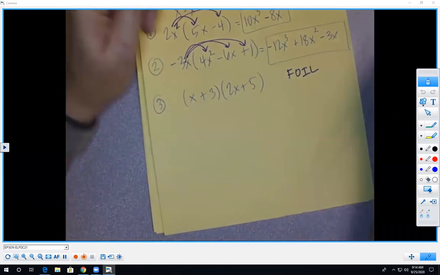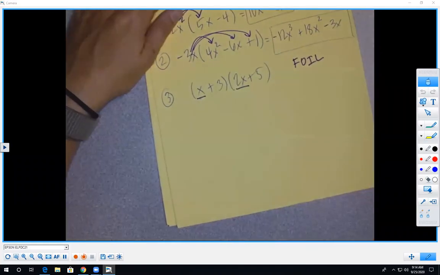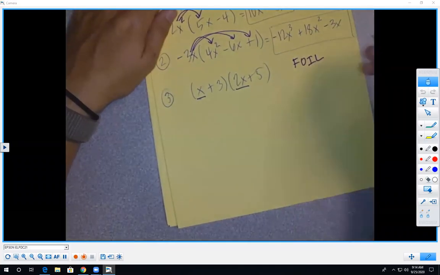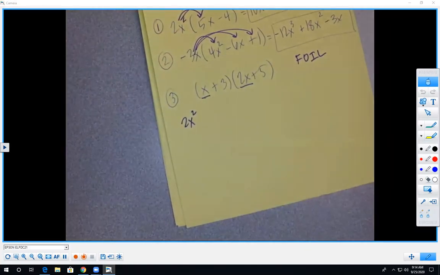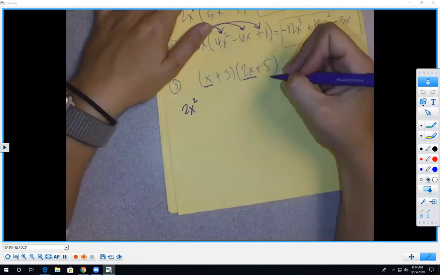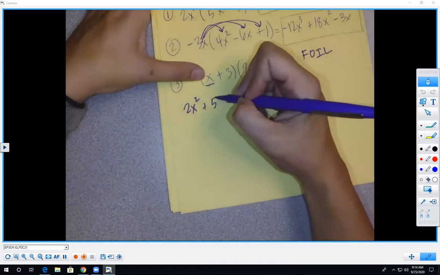F stands for your first terms, which is x times 2x. What is x times 2x? 2x squared. O stands for your outside terms, which would be x times 5, and x times 5 is 5x.